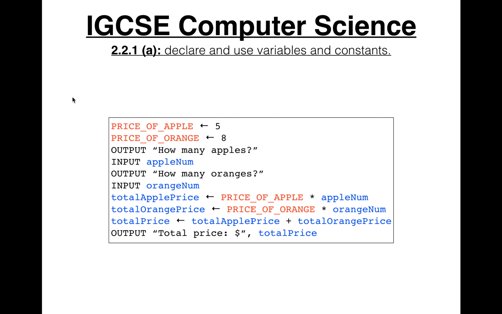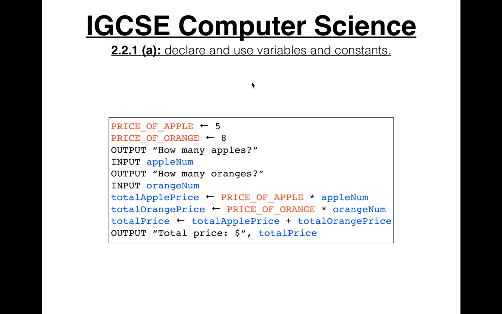Make sure that you give its value as well, because if you don't, you could lose a mark. In the mark scheme, it says 1 mark for constant name and value. They're really strict on that. So make sure that you give its value.